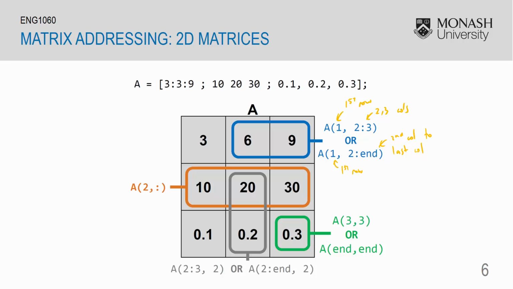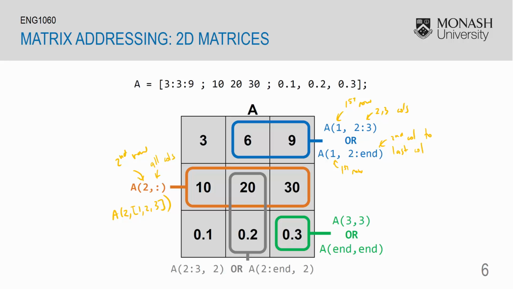Looking at the orange elements now, 10, 20, 30, we can address that by stating A bracket 2, again this is the second row, and the colon operator here means all columns. An equivalent syntax to get 10, 20, 30 would be A, second row, and the first, second, and third columns.